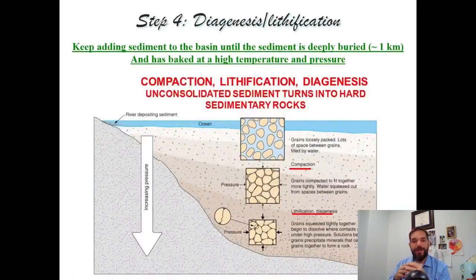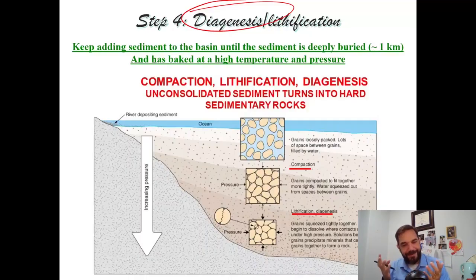Now, the last process is something we call diagenesis. That's a really fancy sounding word. What the heck is diagenesis? Let me explain it a little more. What are some of the processes involved in diagenesis? Even though it has a fancy, scientific sounding name, it's really a very simple idea.